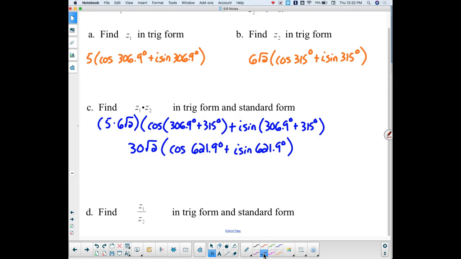So the trig form here of this one would be 30 square roots of 2 times the cosine of 261.9 degrees plus i times the sine of 261.9 degrees. That would be trig.